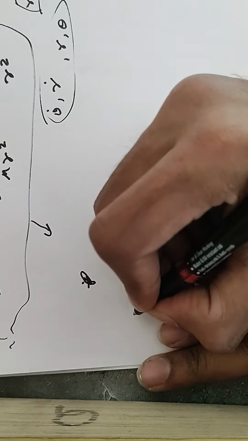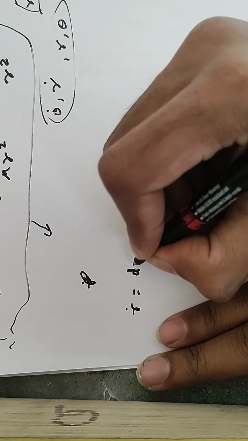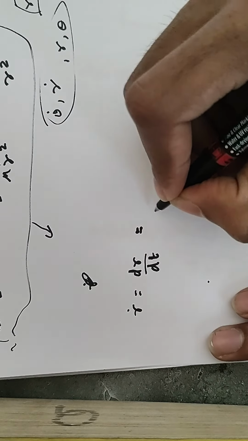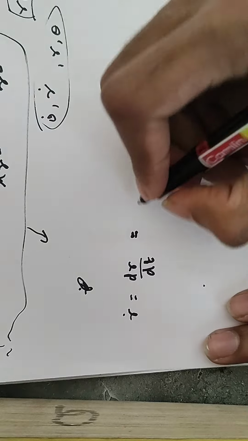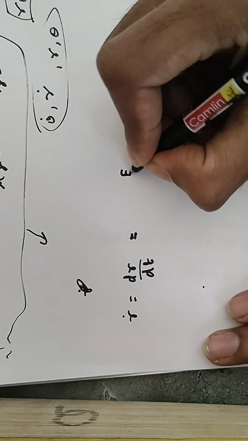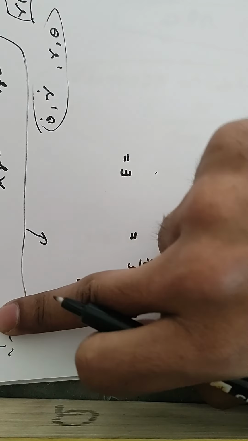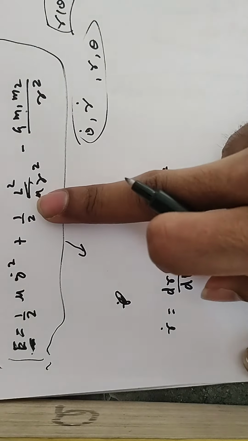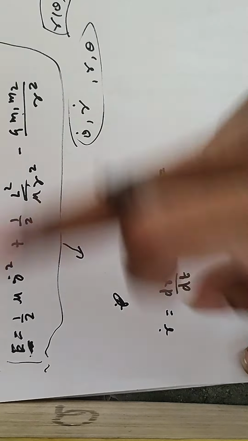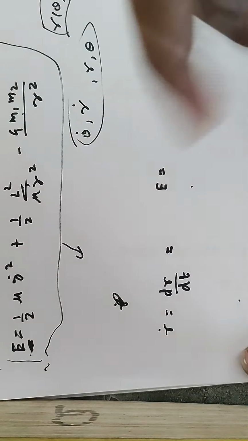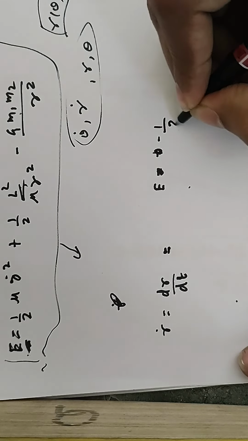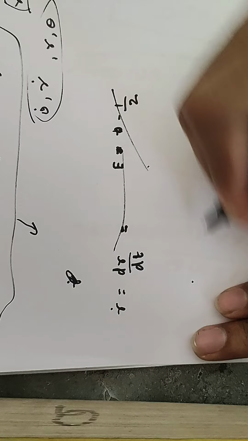So r dot is dr by dt. My entire equation will have energy positive because it's on the right hand side. This term will go there, it's negative, and it already has a negative sign, so it becomes positive. I'm sorry, let me rewrite it.